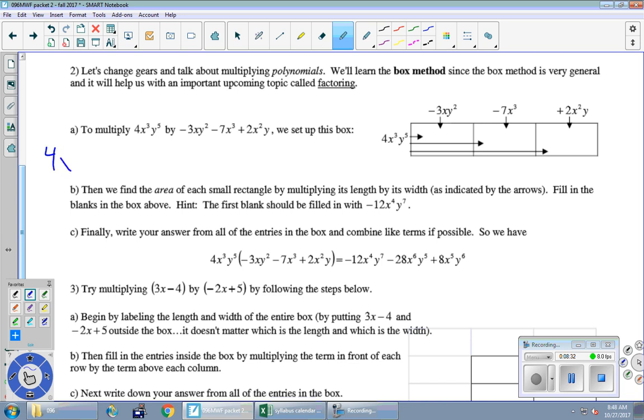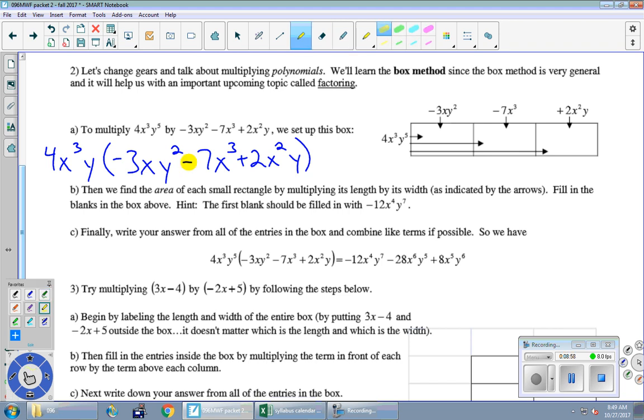So I'm going to write that out here in this way. So this is the problem we're after, is can we multiply that thing out? We're going to highlight, there's a subtraction sign, there's an addition sign, which means that inside of those parentheses I have 3 terms separated by my highlighted things, okay?